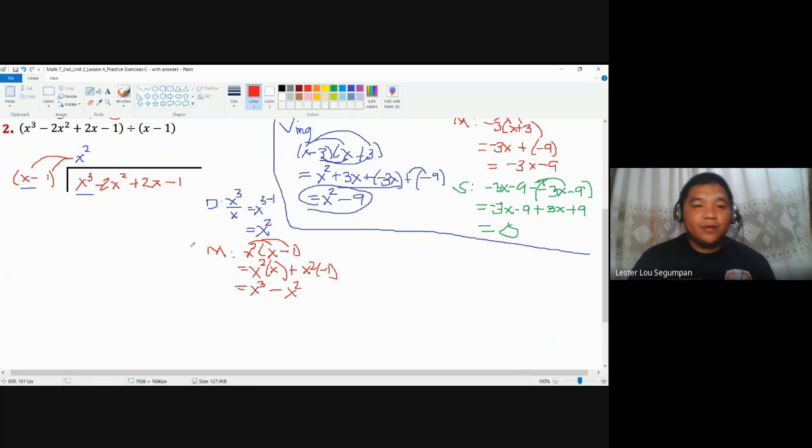This is your first product. Place it here, x cubed minus x squared. Next is to subtract as a whole. So you will have here your first difference, x cubed minus 2x squared minus the whole quantity x cubed minus x squared.